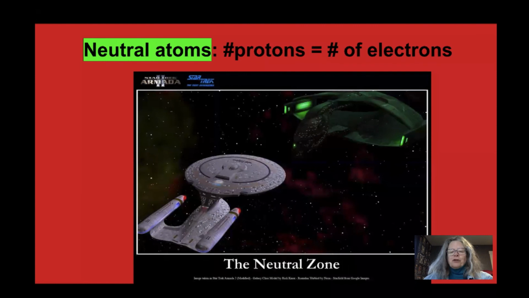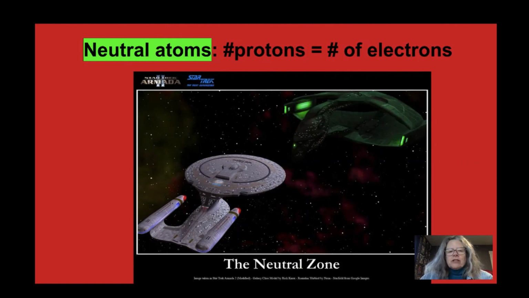All right, neutral. I love this. So a neutral atom is found in the neutral zone. The number of protons equals the number of electrons. Neutral means that it doesn't have a charge. If the number of positive charges equals the number of negative charges, then they cancel each other out, and the overall net charge is zero.